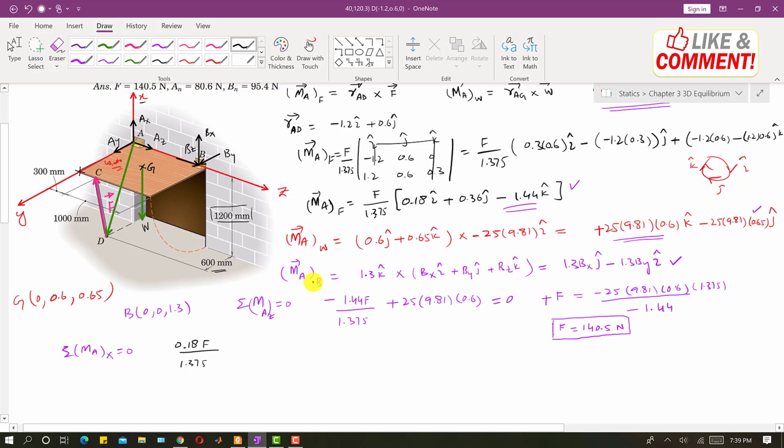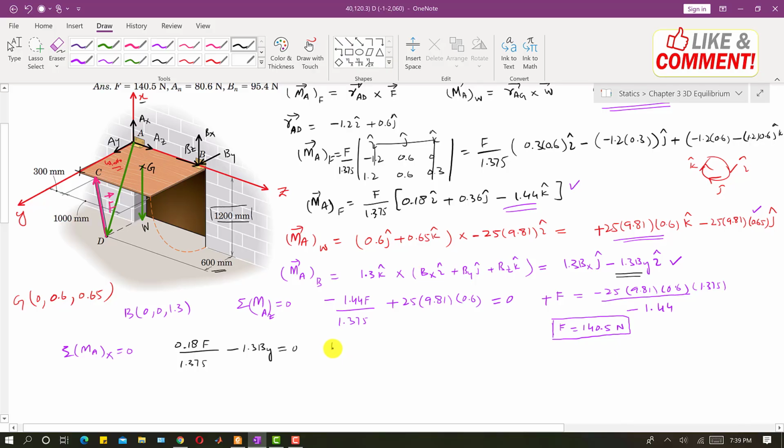So only this b vector is producing the moment along x, and this is minus 1.3, so we will write minus 1.3 By, and this will be equal to 0. So this will give us the magnitude of the By, the component of b along y.